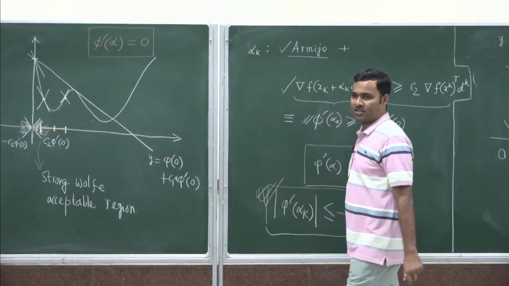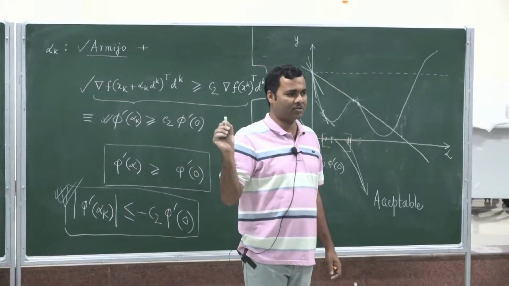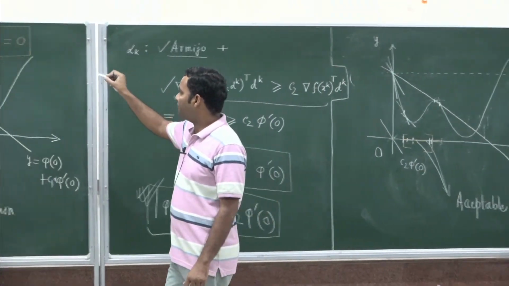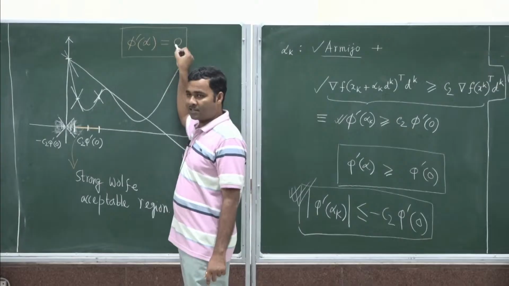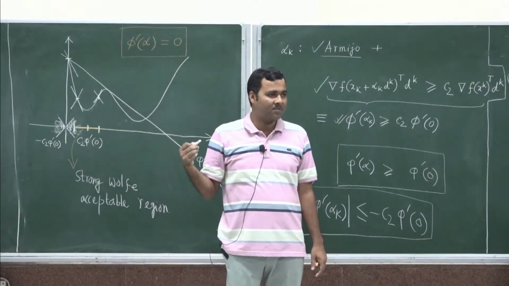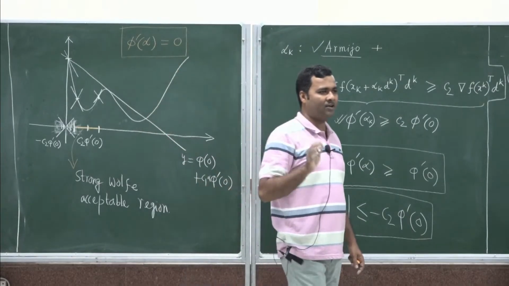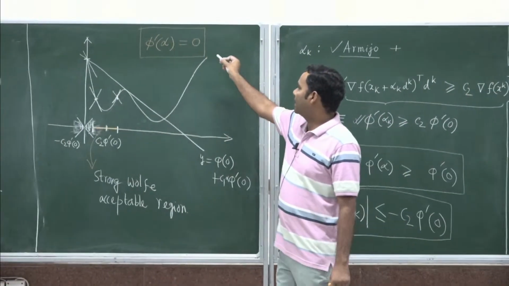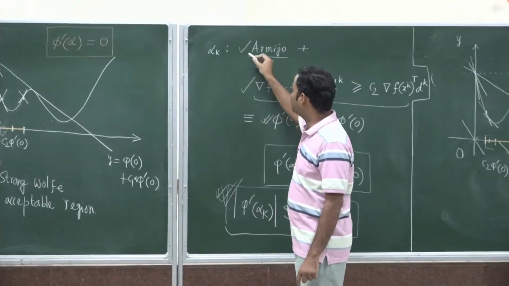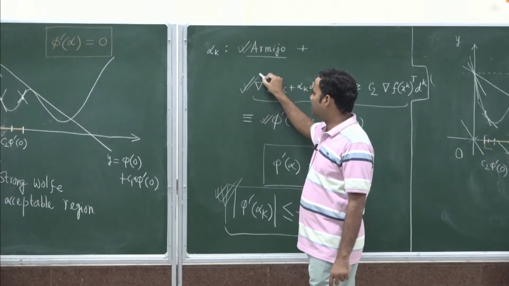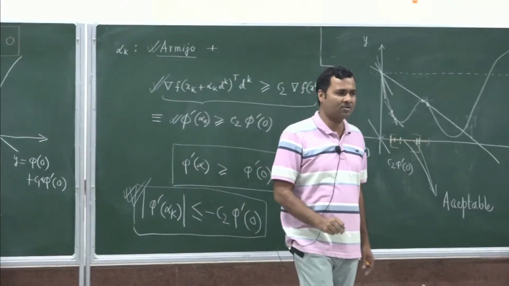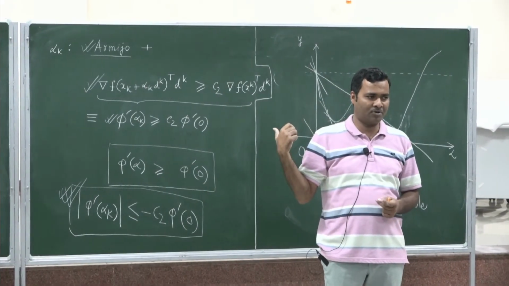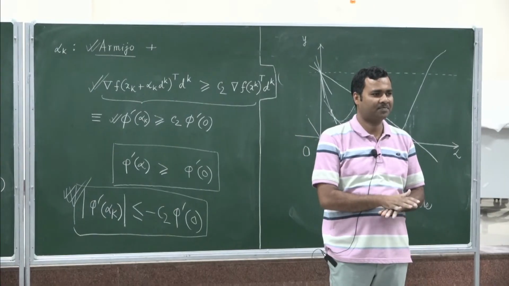No iterative process, it is a direct process. Earlier we had to proceed iteratively, and I do not know in how many steps I would reach a root. Here nothing like that. You just choose alpha k that satisfies these two. Earlier it was an iterative process; here it is a direct process.